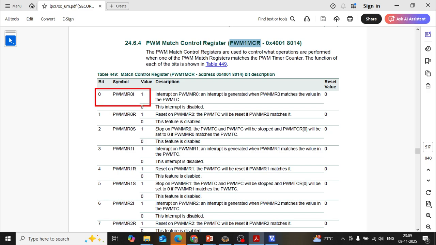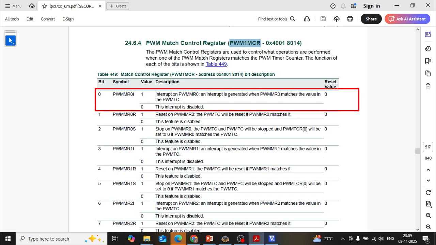Here you can see bit number 0 talks about interrupt enable configuration, PWMMR0I, that stands for interrupt on PWMMR0. So interrupt will be generated whenever MR0 matches with a TC value. This is what I have told you. Whenever TC matches MR0, it is possible to generate interrupt.